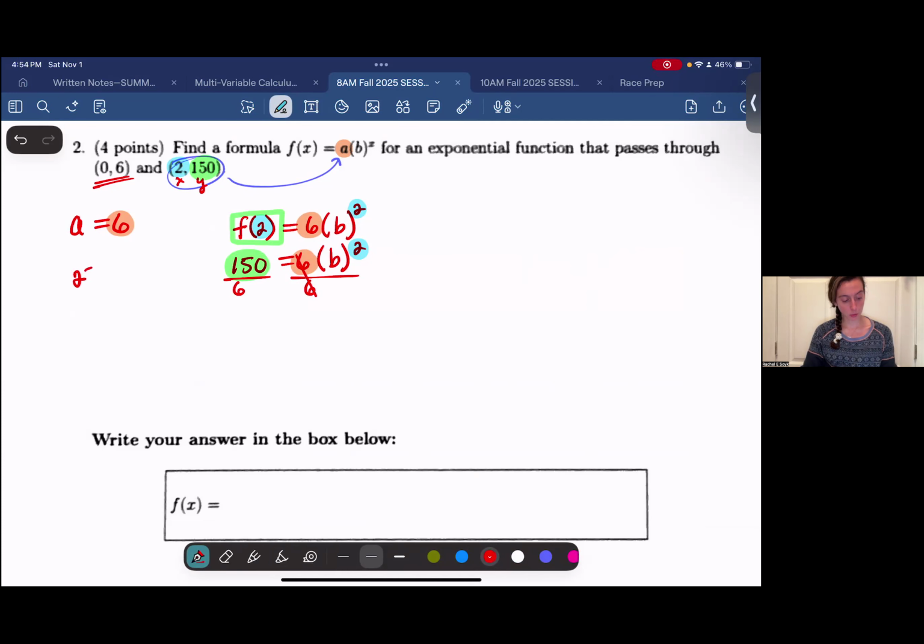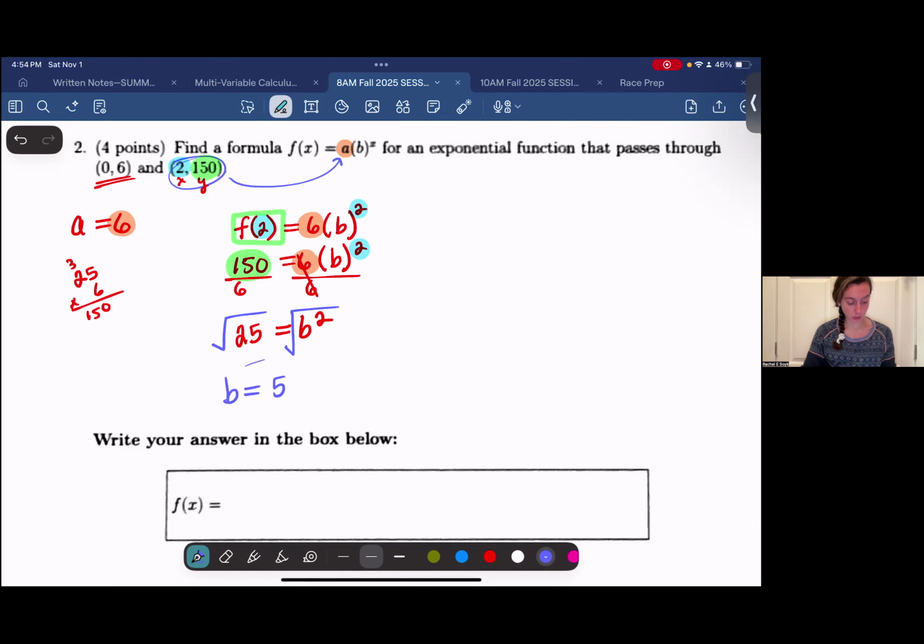So I want to say 25 times, right? 6 times 5 is 30. Yeah. So 25 is equal to b squared. And then last but not least, we're going to take the square root of both sides. And again, our b always has to be positive. So we neglect the negative 5 and we get b is simply equal to 5.